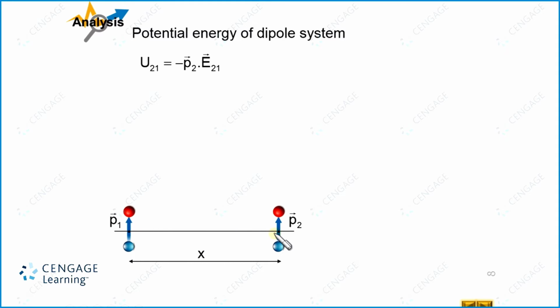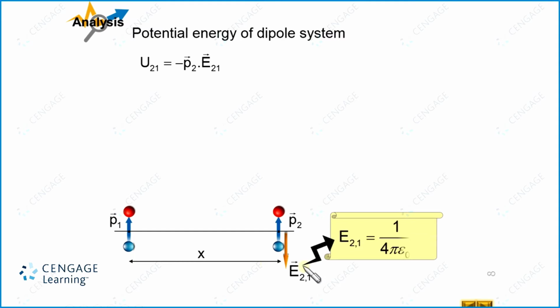We know the direction of the electric field because of dipole number 1 will be anti-parallel to the dipole moment P1. So the electric field at the center of this dipole will be in the downward direction, with magnitude 1 upon 4 pi epsilon naught P1 divided by x cube. x is the separation between the dipoles.